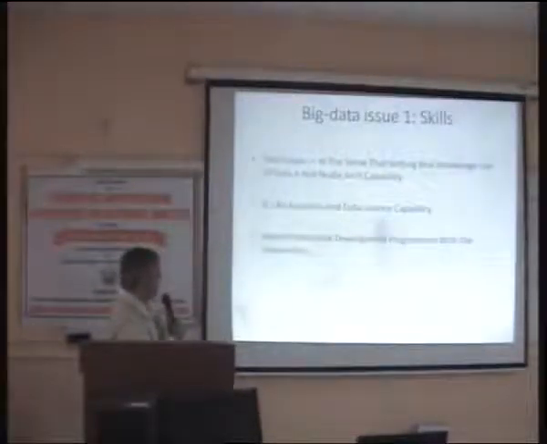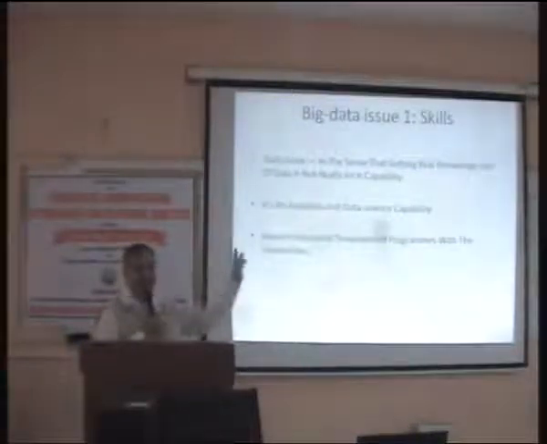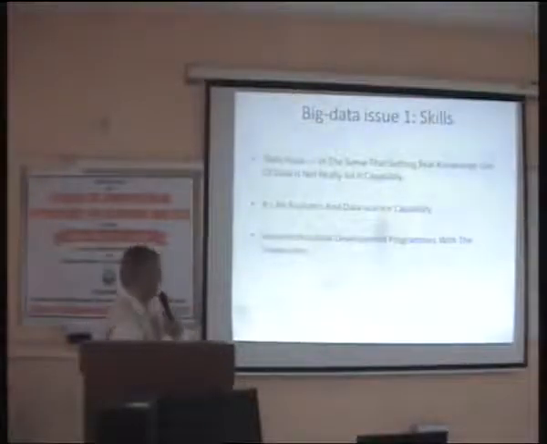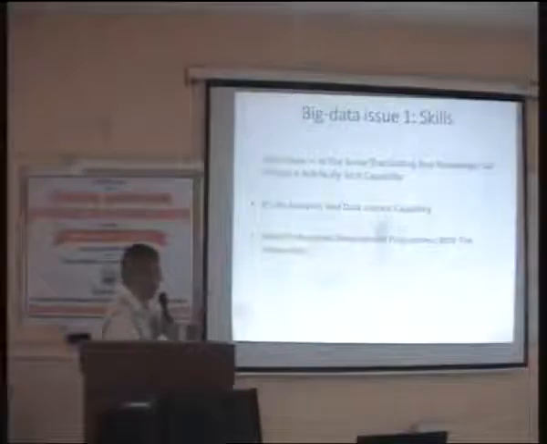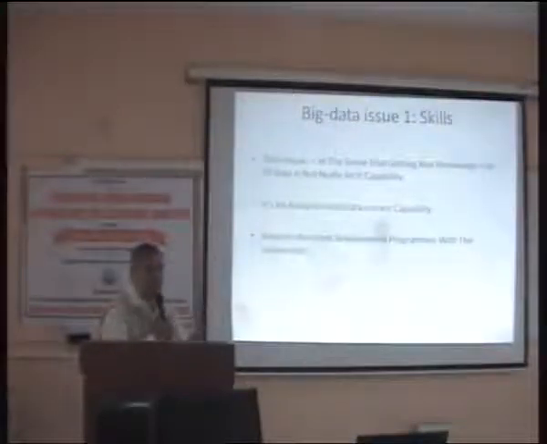So the first big data issue is skill. Technology cannot do everything. Technology can support you. In real sense, you want to get the real knowledge out of it, and technology is not capable of taking out the real knowledge. It is a support to you.